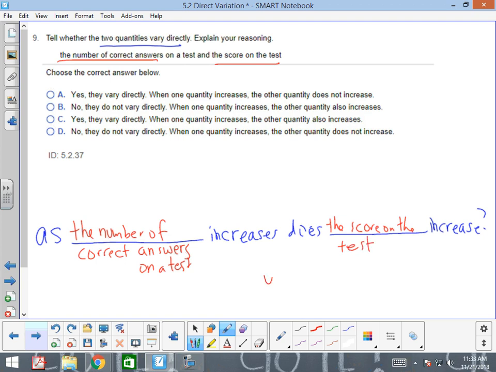Okay, and that would be yes. As you get right answers, your score on your test will get bigger. So you're going to find the one that says yes, so not going to be B or D, and you're going to find one that says when one quantity increases, the other quantity also increases. So that's C. Okay, so not A.